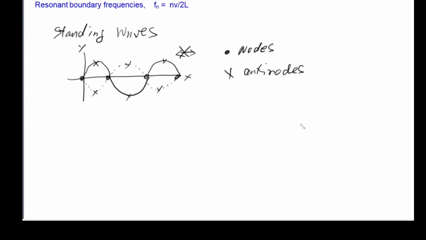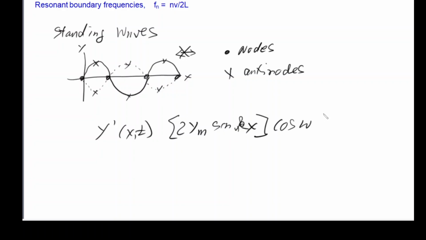Now, it turns out the equation for a standing wave is y prime of x and t is equal to 2 times y maximum sine kx times cosine omega t. And this becomes the amplitude at x.